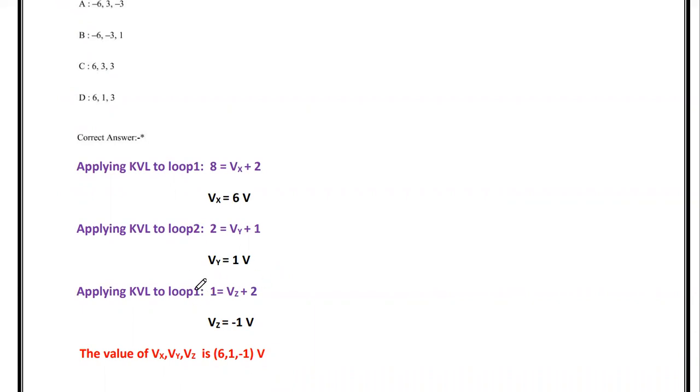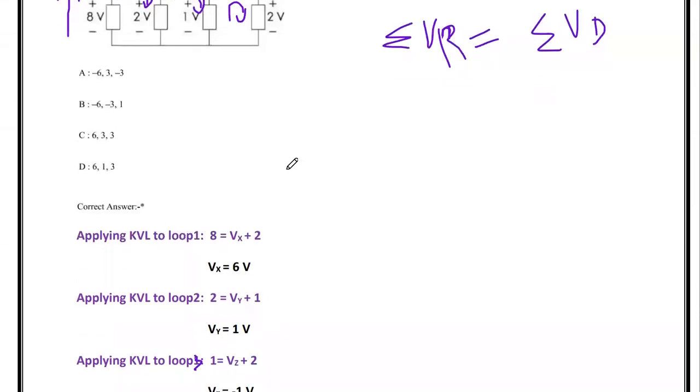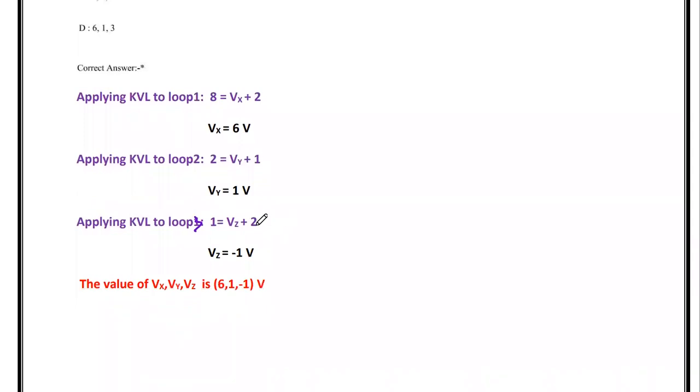Similarly, apply KVL to loop 3. For this loop 3, 1 volt is a voltage rise, Vx is a voltage drop, 2 is a voltage drop. So 1 equals Vz plus 2, so Vz is equal to minus 1. So the values of Vx, Vy, Vz are 6, 1, minus 1.